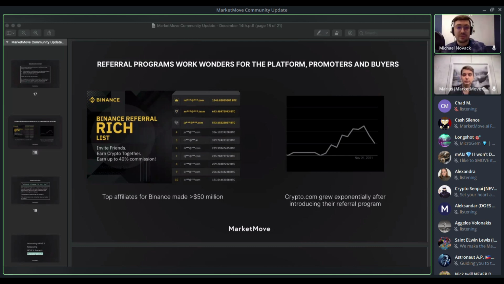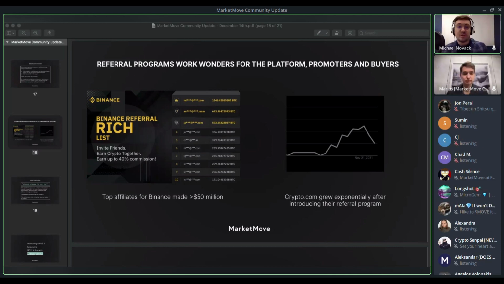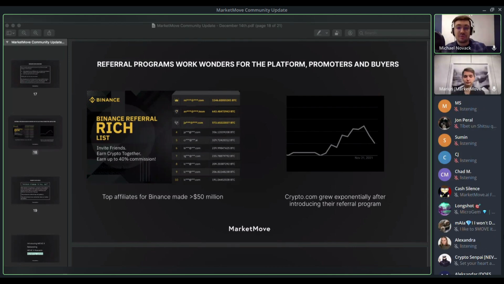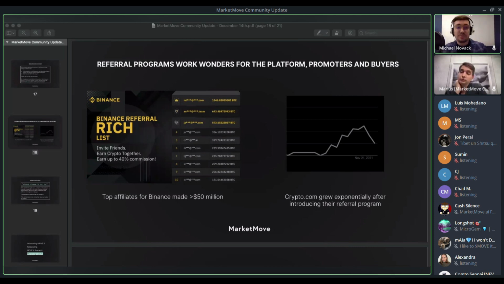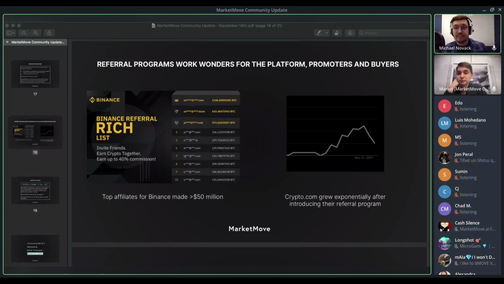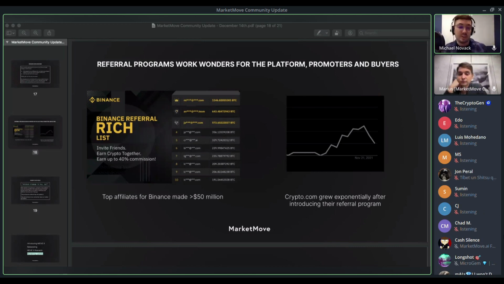As you can see, for example, in this image, for Binance, one of the biggest exchanges in the world, this approach really made wonders. And here, influencers, promoters, everyone, the community itself will be incentivized to promote MarketMove because they will simply be able to earn money. This will be especially important for bigger promoters we are in contact with, but let's move to this a little later.